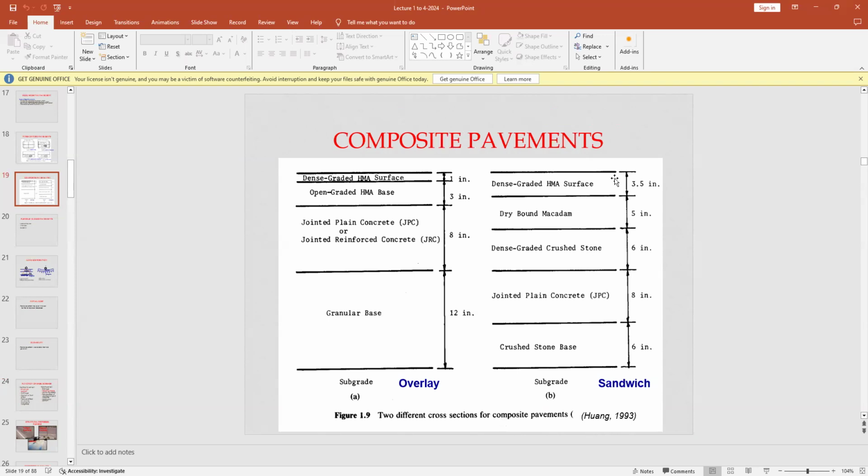Actually, in a true sense, this is a rehabilitated pavement because we have a crushed stone base as well. While in the left one, it's an overlay because you don't have any other layer but an asphalt layer.